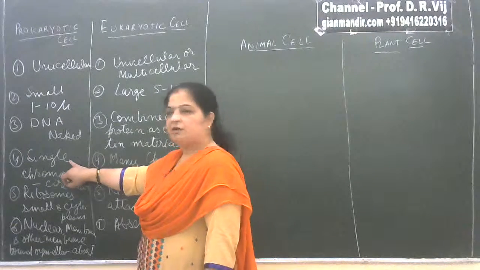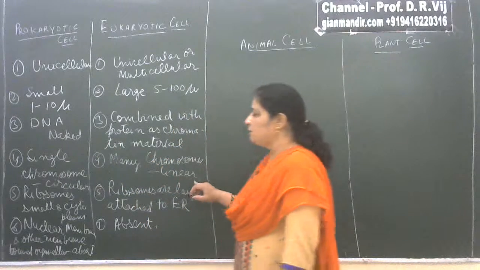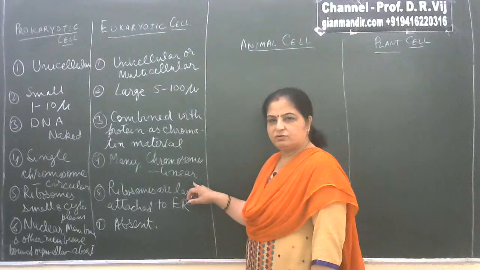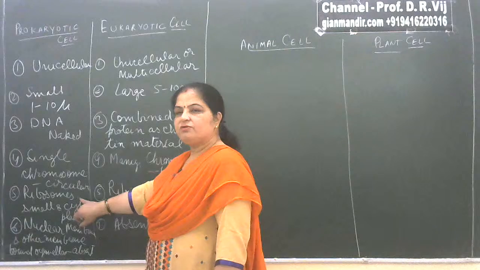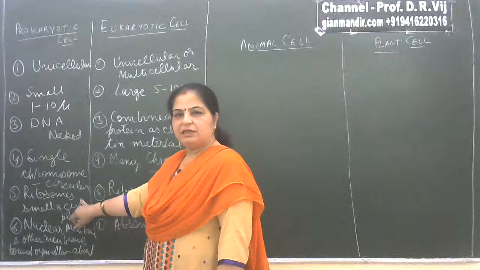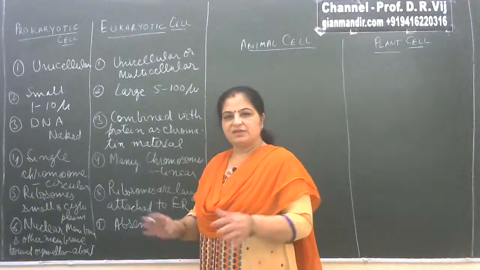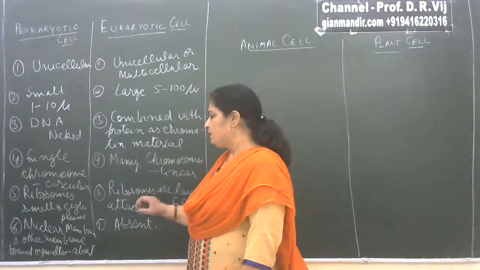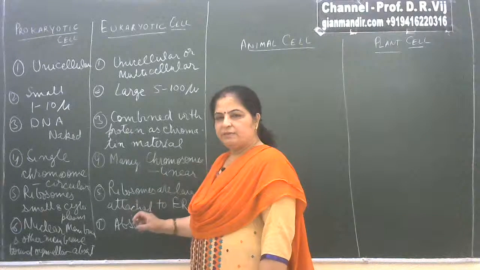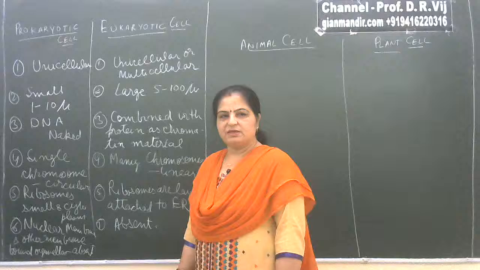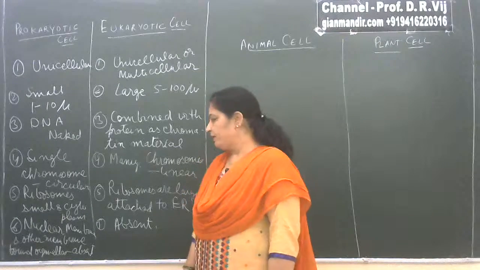In prokaryotic cells there is a single chromosome which is circular in shape. In eukaryotic cells there are a number of chromosomes and they are linear in shape. The ribosomes of prokaryotic cells are small and they remain freely suspended in the cytoplasm, or you can say they are scattered in the cytoplasm. But the ribosomes of eukaryotic cells are larger and they remain attached to the surface of the endoplasmic reticulum, resulting in the formation of rough endoplasmic reticulum.